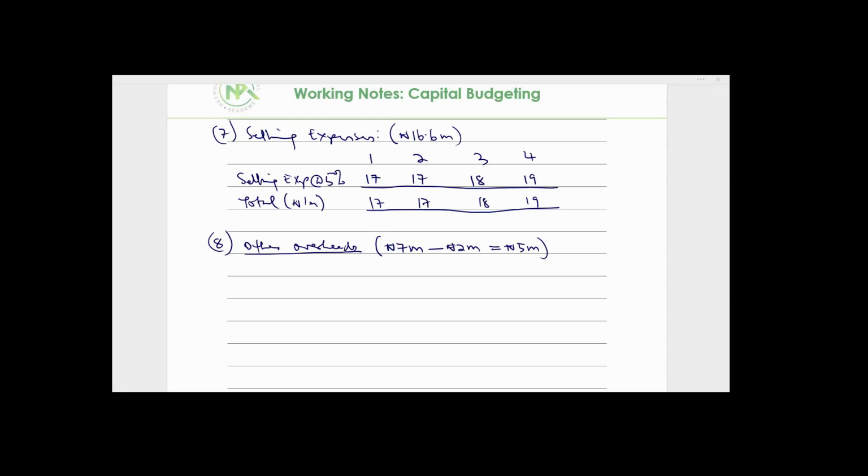If you are given fixed overhead, it will be incurred irrespective of the decision taken on the project, therefore irrelevant. Only variable overhead is relevant. But in this question, because the examiner specified by telling you that out of the 7 million, 2 million relates to apportionment of building rates, therefore you less the 2 million from the 7 million, and that's what we have done.